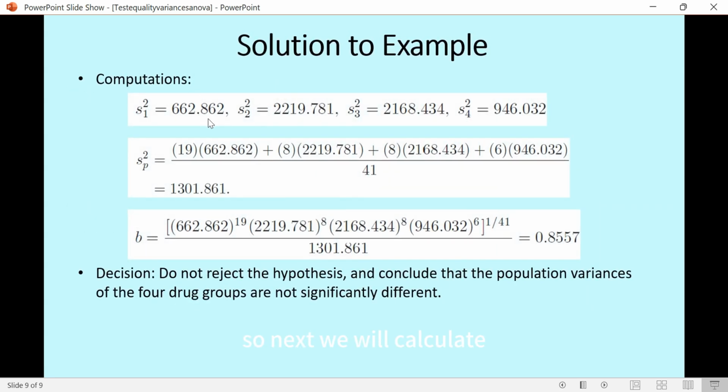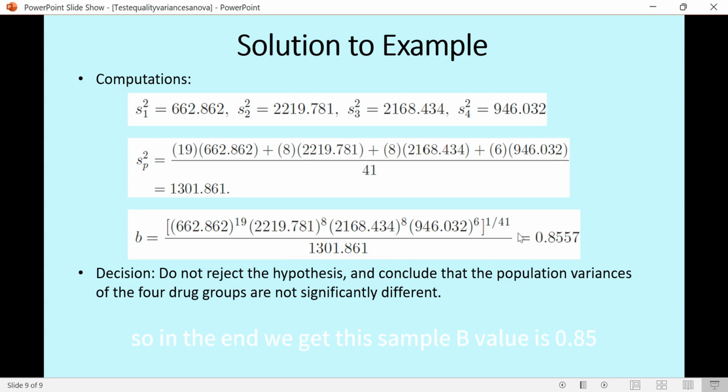Next we calculate the sample information. All 4 group sample variances can be easily calculated, and the pooled sample variance can also be obtained from the combination of these 4 group variances. Then we get the B value, which is the product of each sample variance raised to its power, then taken to the power of 1 divided by 41, then divided by SP for the pooled sample variance.